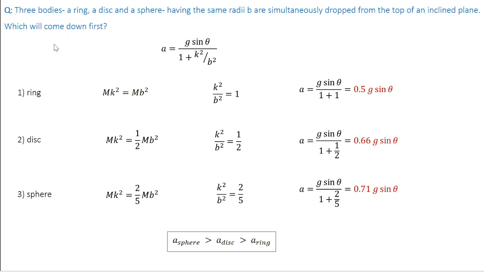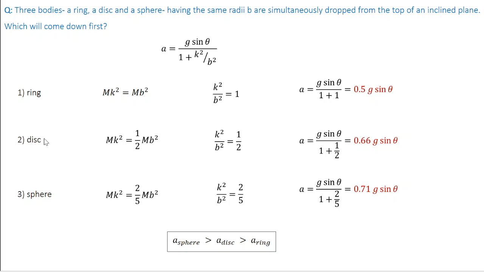Let's take the case of the ring first. In the case of a ring, we know that the moment of inertia equals m b square. So m k square equals m b square, from which I can write k square by b square equal to 1. So a equals g sine theta divided by 1 plus 1, which is 0.5 g sine theta.